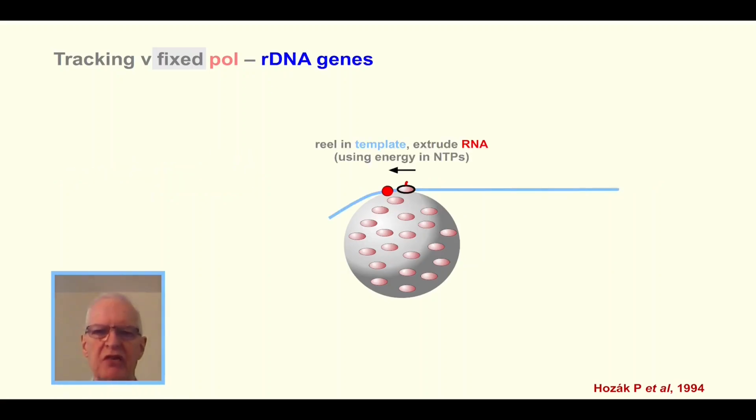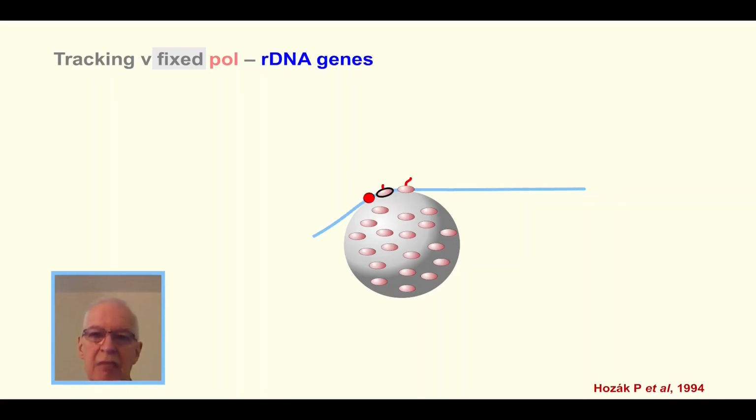The fixed polymerase is going to reel in the template from the right as it pushes out the promoter to the left and extrudes the nascent RNA, all using the energy in NTPs. Now the promoter is still near another polymerase on the surface, and it might initiate. And again, and again.